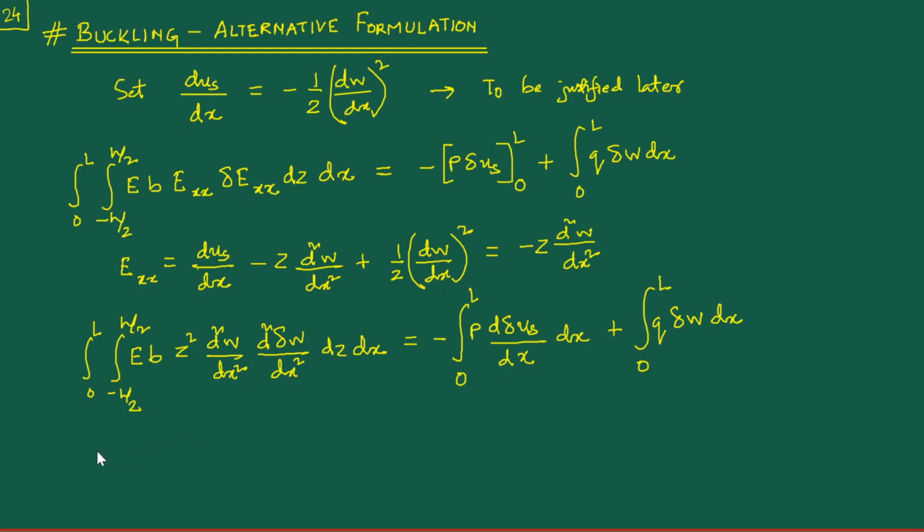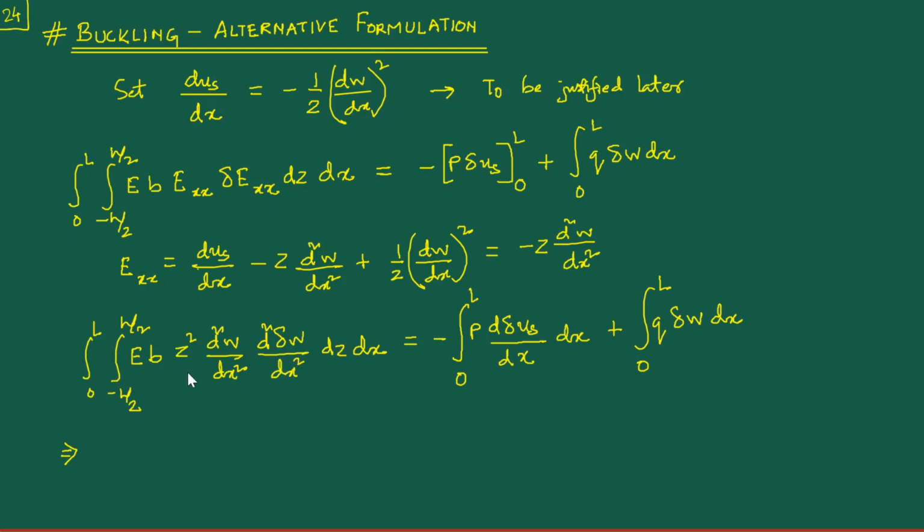Now this thing, this d squared w dx squared, this term again, these are independent of z. E and b are constants, so these can be taken out of the integration with respect to z, and what remains is this integration minus h by 2 to h by 2 z squared dz.